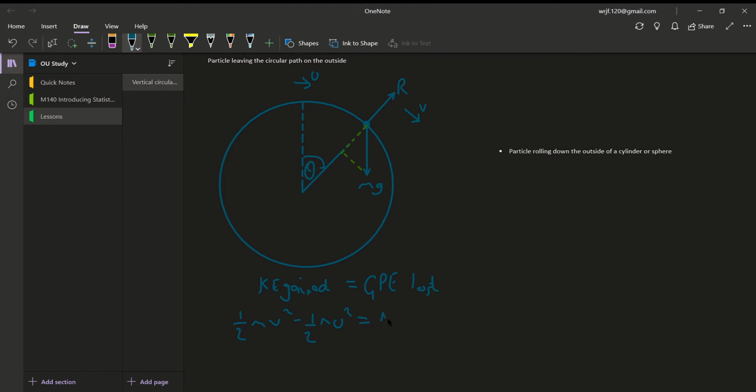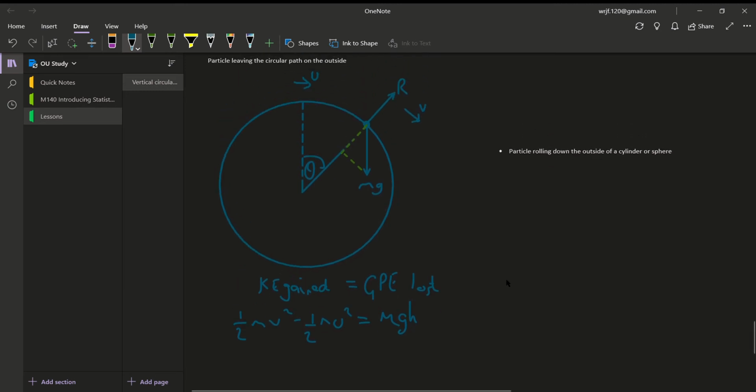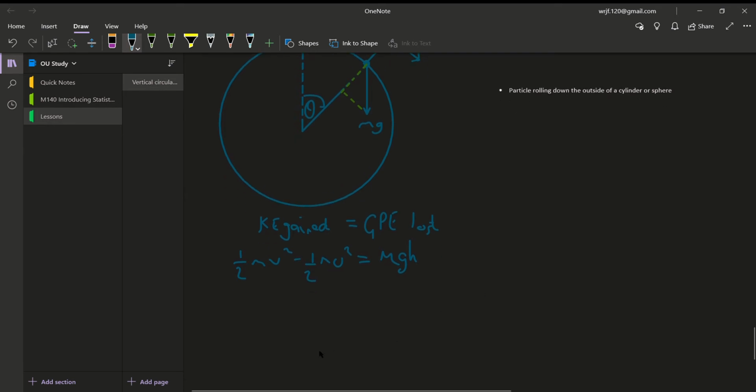Gravitational potential energy lost is going to be mgh, and it will only take you a moment of thought to see that the h, the change in height here, is going to be the same expression that we had when we were starting from the bottom of the circle. It's just r(1 minus cos theta). The m's cancel out through this equation as well, as we always seem to have.